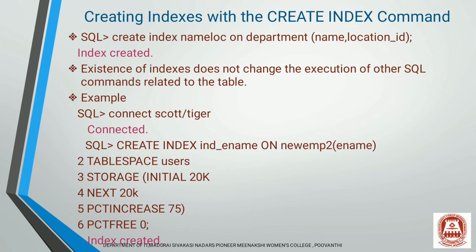So if name is a separate column for creating an index, you can do it one time only. When it comes to a composite index, there is no such restriction. So this is about the creation of indexes, either a single column index or a composite column index.